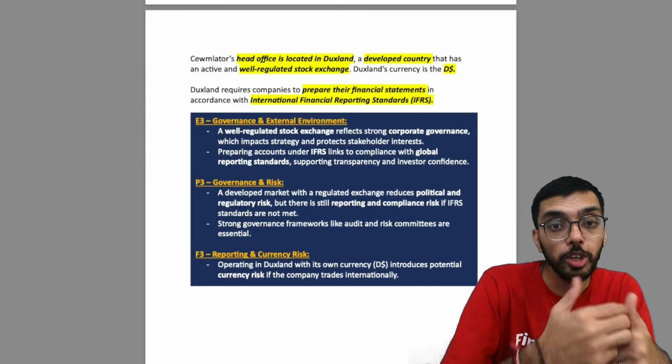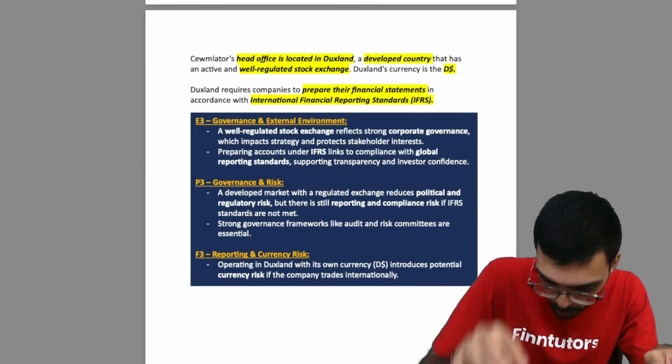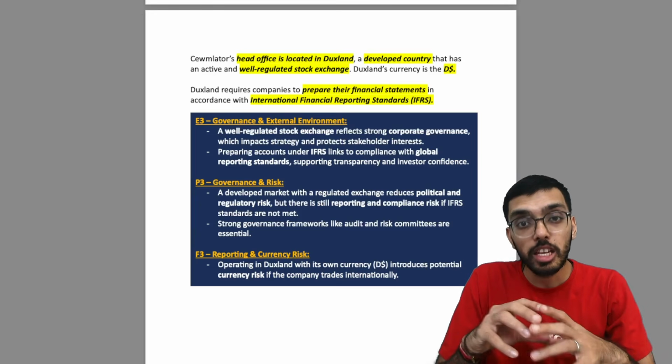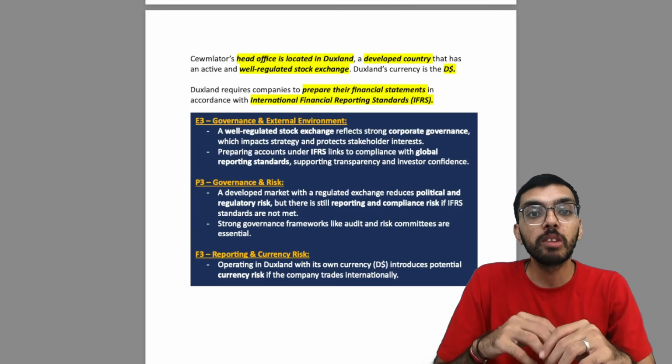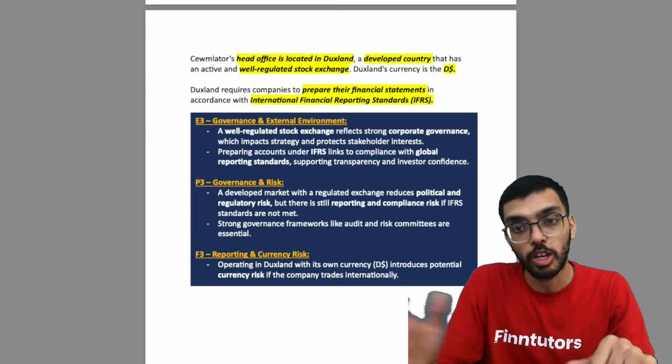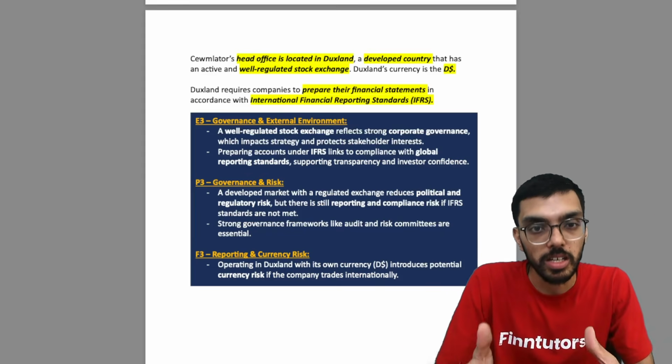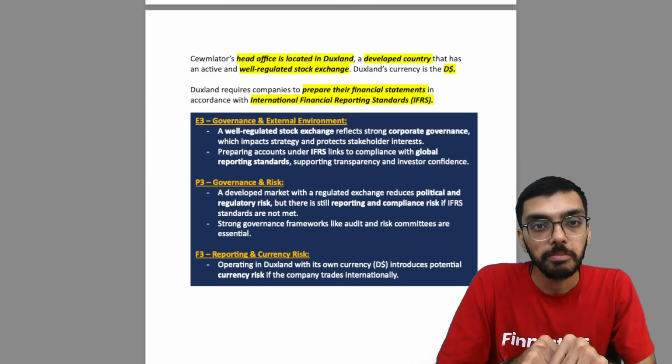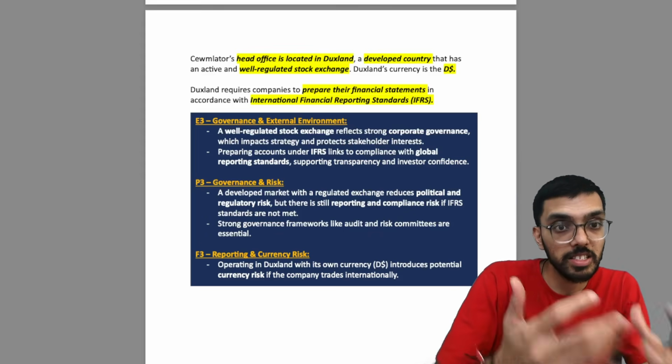IFRS is going to be key. So, because we are speaking about IFRS and there is so much importance given to GRI, global reporting, let's say your reporting standards, your link to IFRS is clearly shown over here.